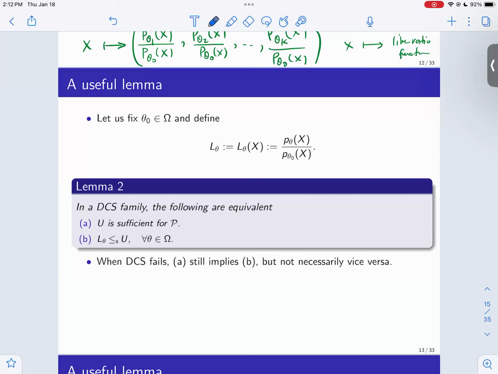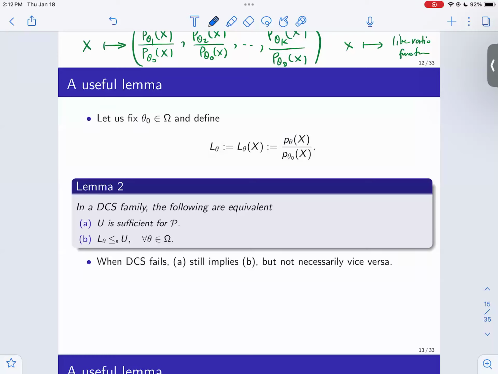For any given theta, this quantity is going to be the value of the statistic. Just take this theta naught, and then the value for a particular theta is just a function of x. It's a statistic. So the idea is that in these families, the two are equivalent.